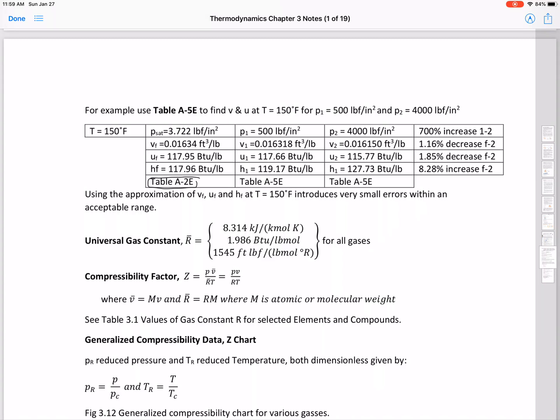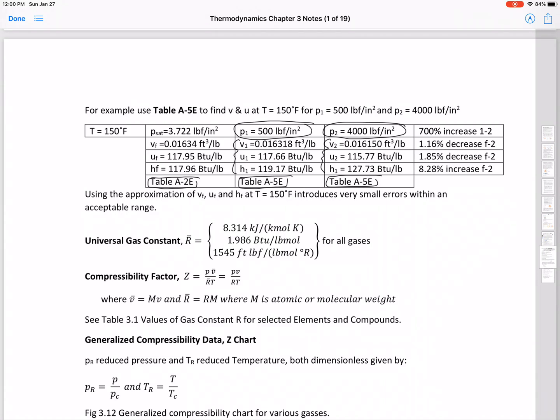And then if we look up on table A5E here and here, we can pull off the values for a pressure of 500 lbf per inch squared, and then a pressure of 4,000 lbf per inch squared. And so this is what we get here. These come right off of table A5E.